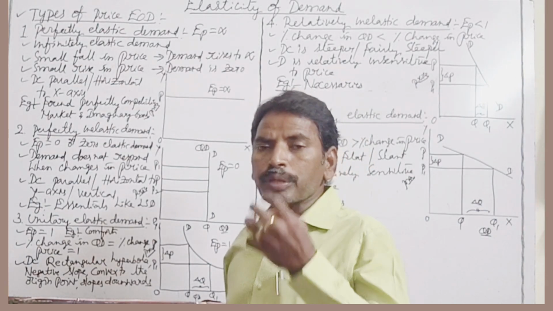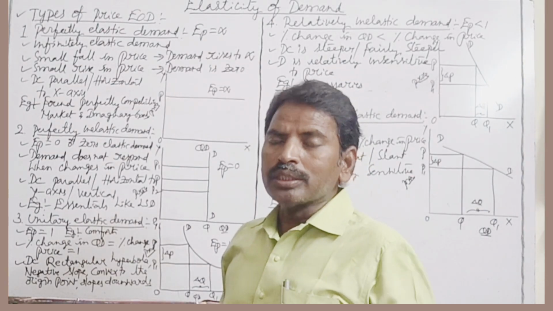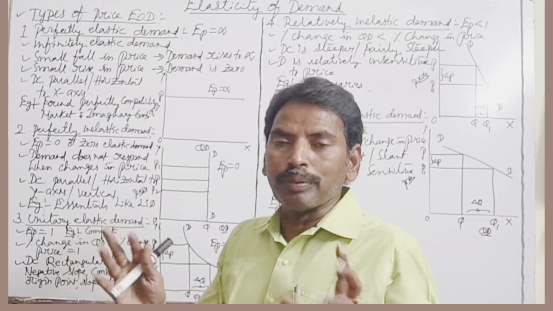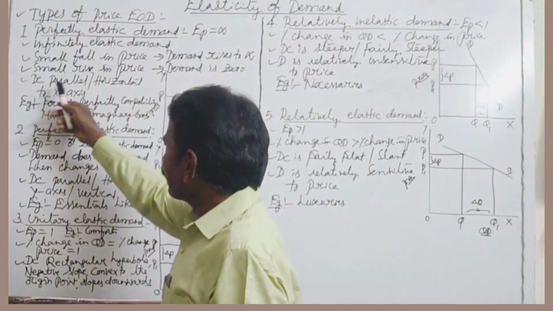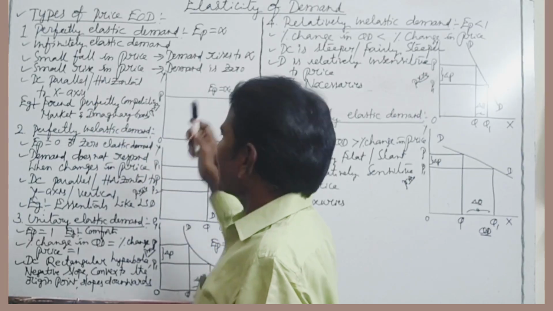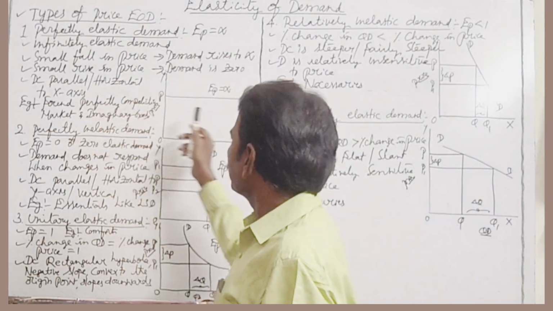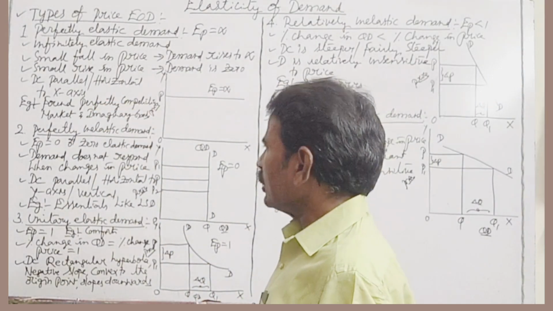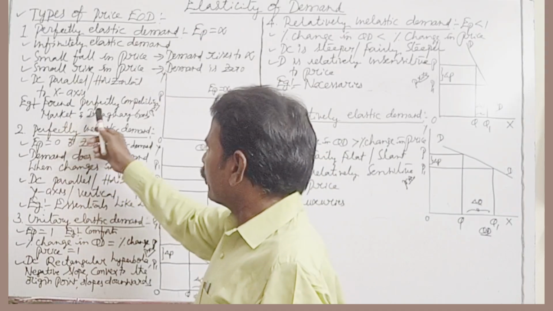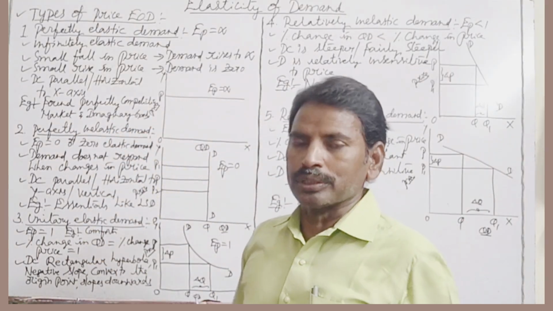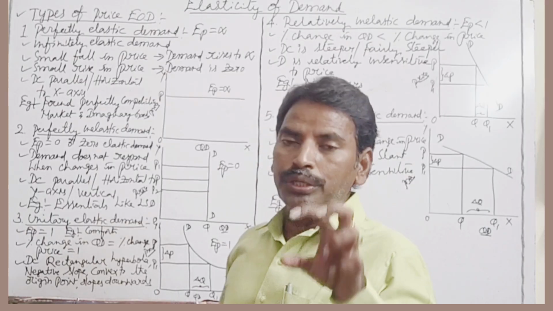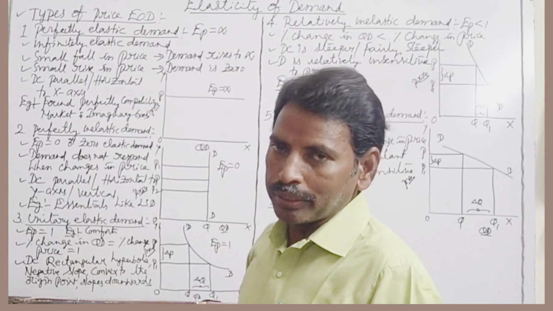This is a very peculiar situation. This type of situation does not happen in the real world. So, the demand curve is parallel to the x-axis, or horizontal. For example, it is found in a perfectly competitive market or imaginary goods.